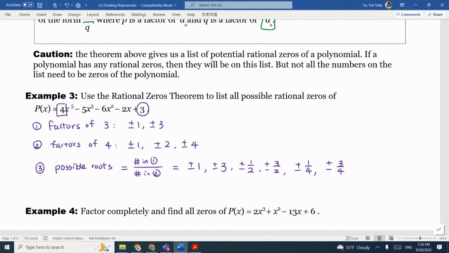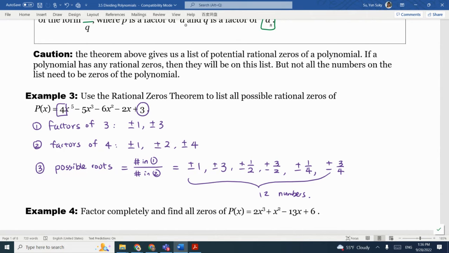How many numbers are there? 1, 2, 3, 4, 5, 6, 7, 8, 9, 10, 11, 12. There are 12 numbers here. Look at the degree. What's the degree here? 5. So this polynomial can have at most 5 roots.